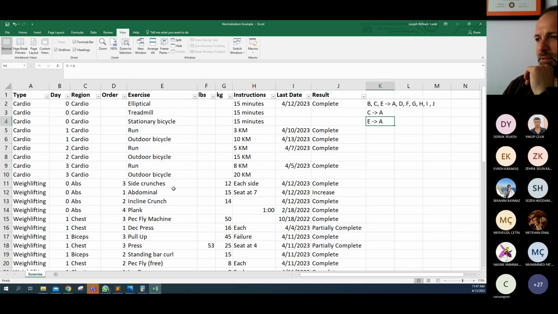E and C together determine G, doesn't determine H, actually. Oh, so we have an H involved here. B, C. Yeah, determines H.